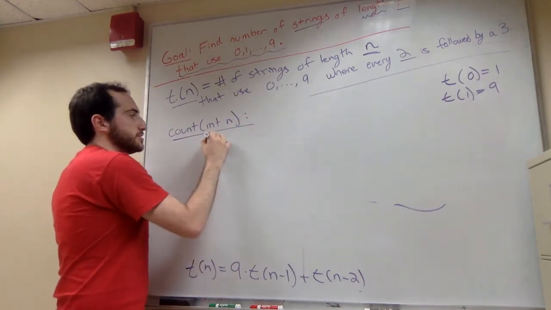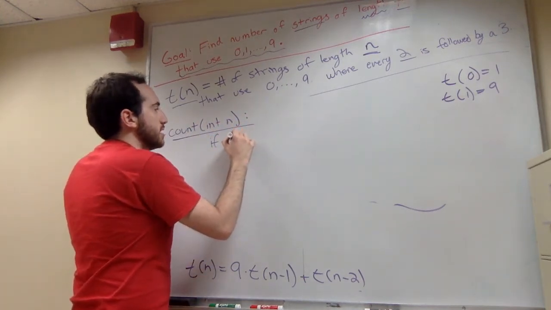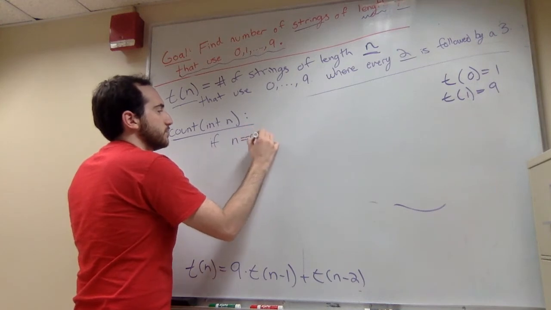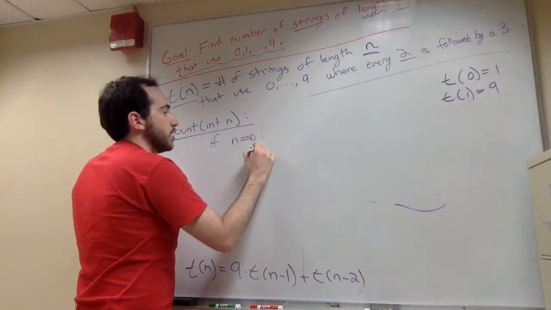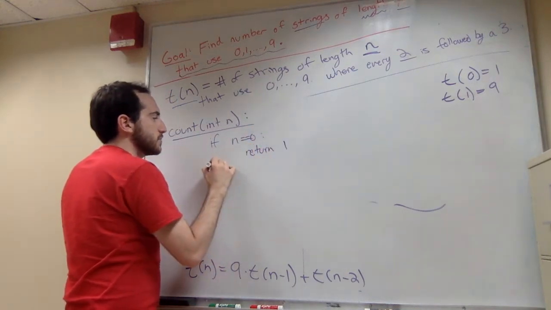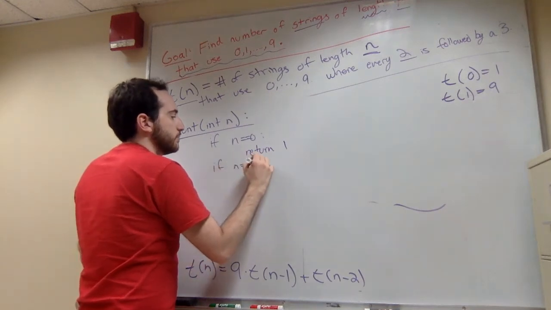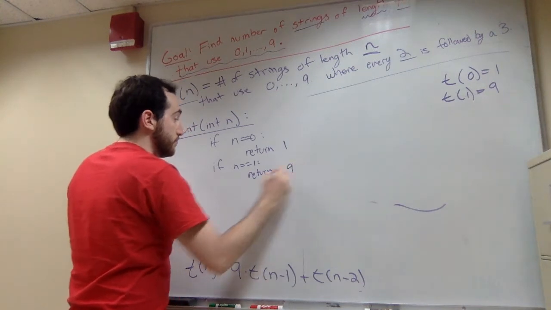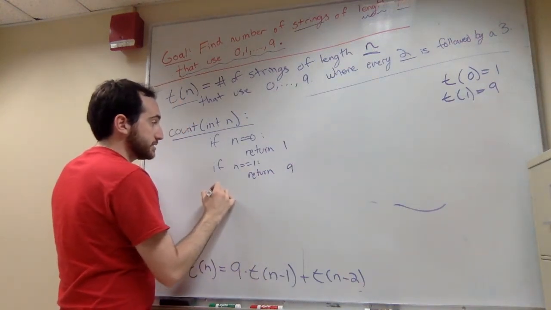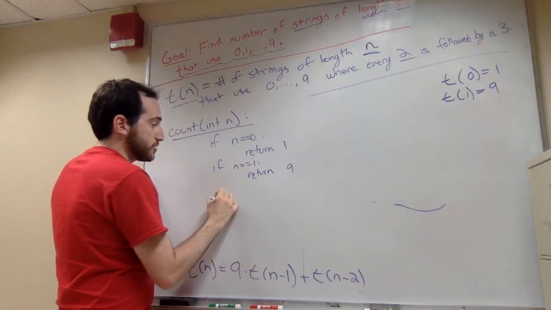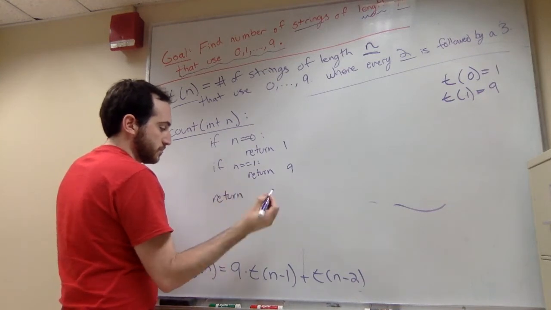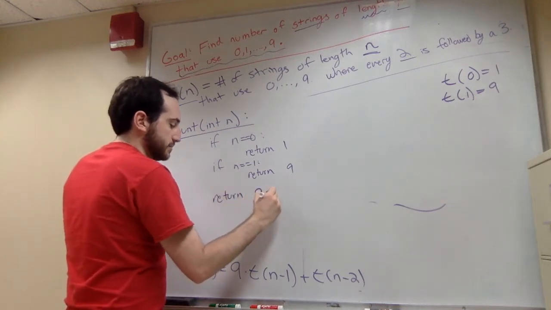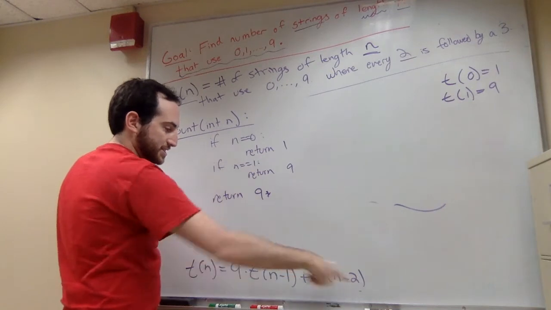So first we need our base cases. If n equals 0, then we return 1. If n equals 1, we return 9. And then otherwise, we return 9 times, it's just exactly this.